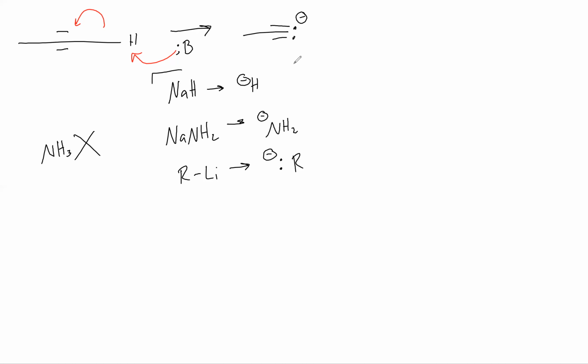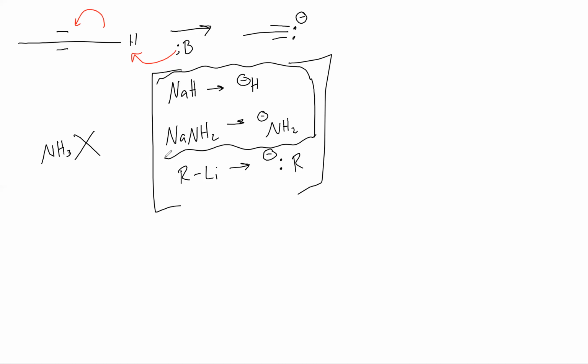But these three are the main three that you'll see. These top two you'll tend to see more than the organolithium reagent, but I digress. So if you need a strong enough base to deprotonate a terminal alkyne, you're going to think NaH, NaNH2, RLi, that sort of thing, okay?